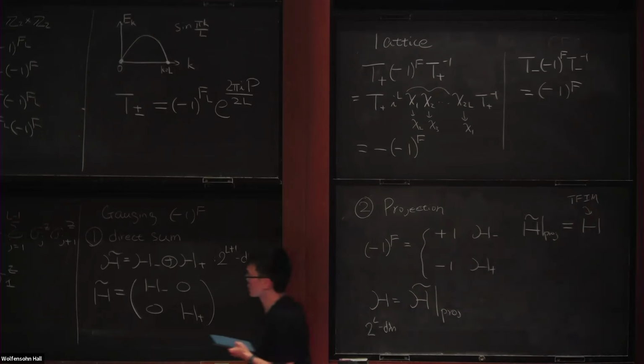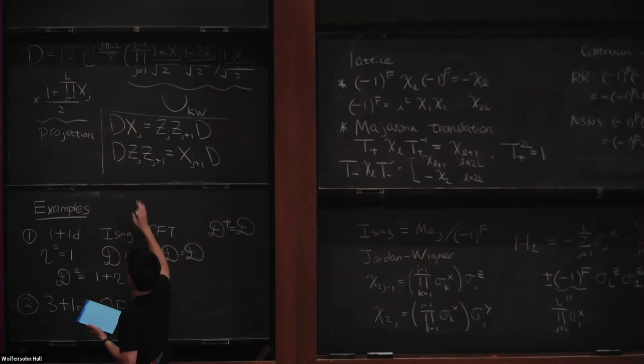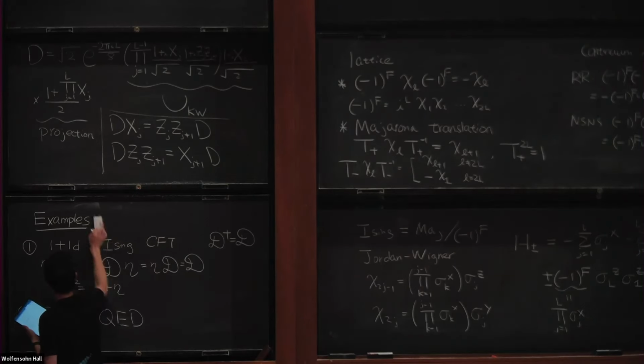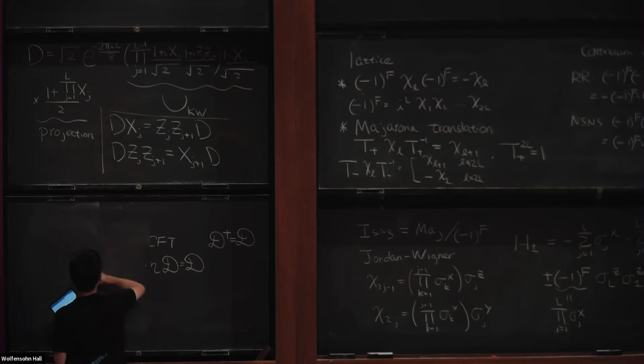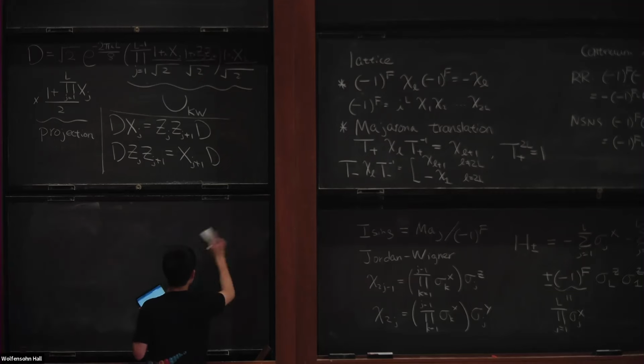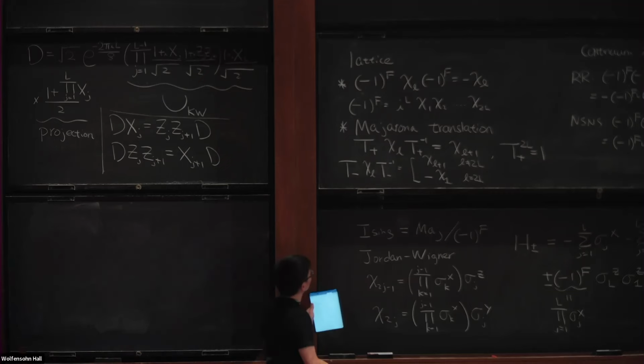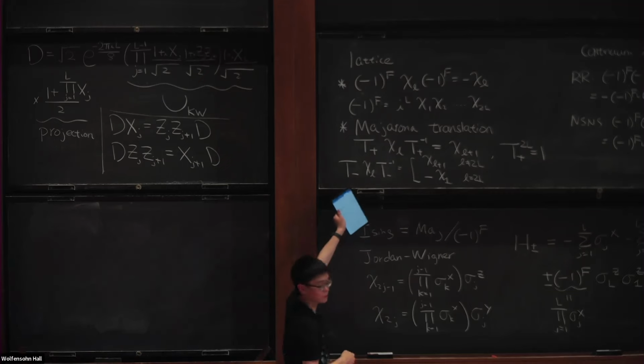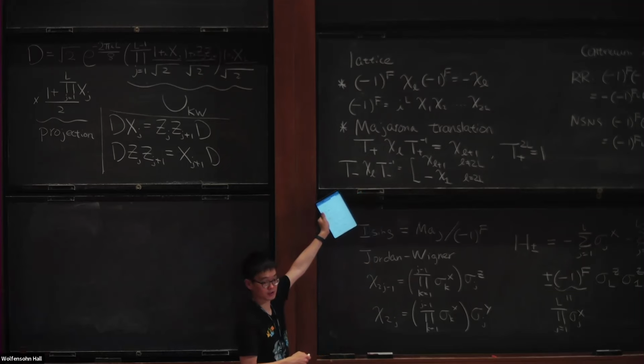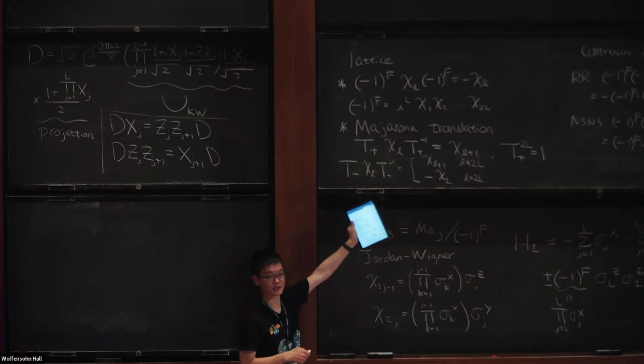Okay, so now with this preparation, we are finally able to derive this operator D. So the name of the game is that we want to track what happened to the symmetries in the Majorana system when we transport them to the Ising model.